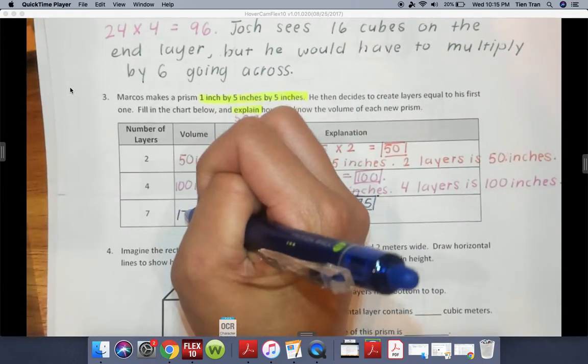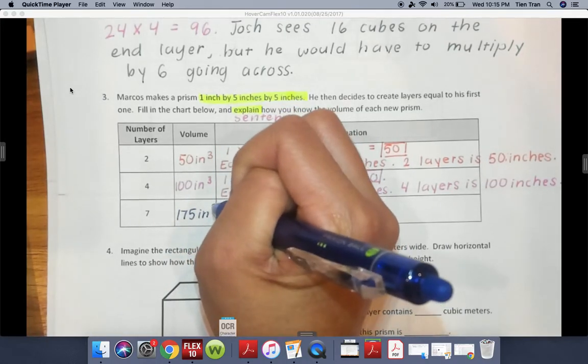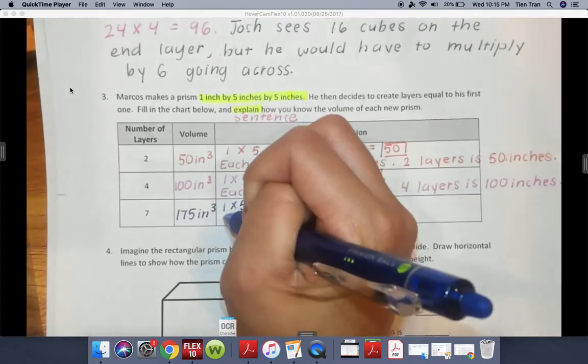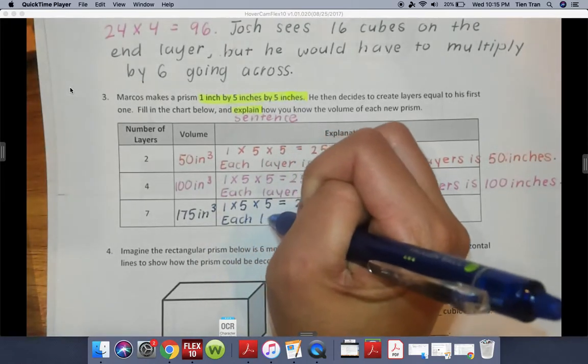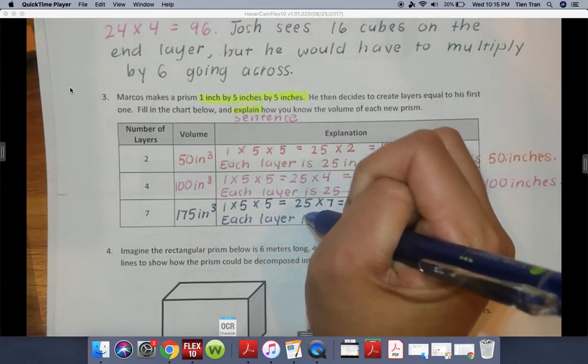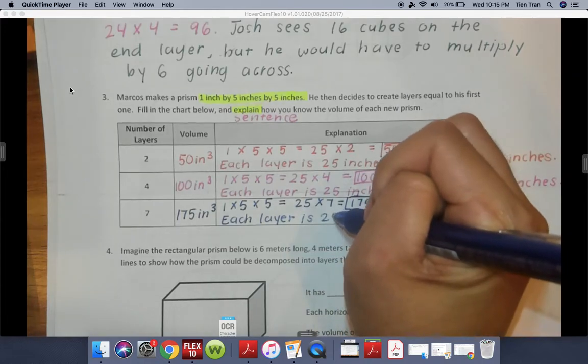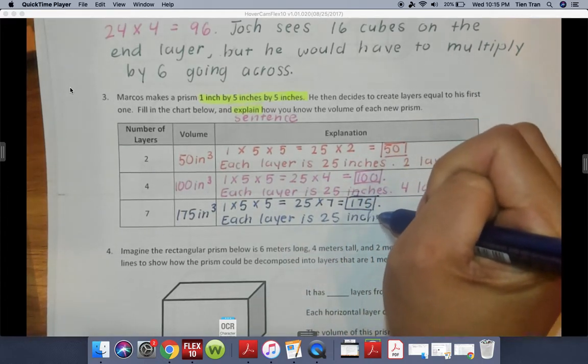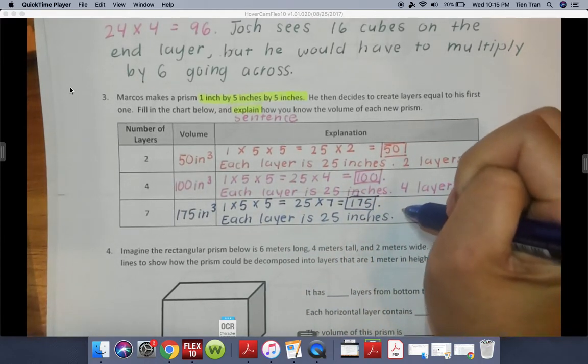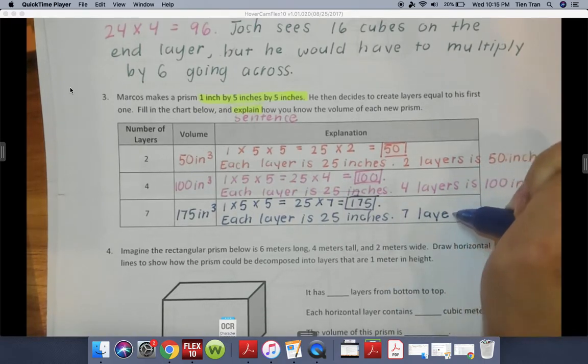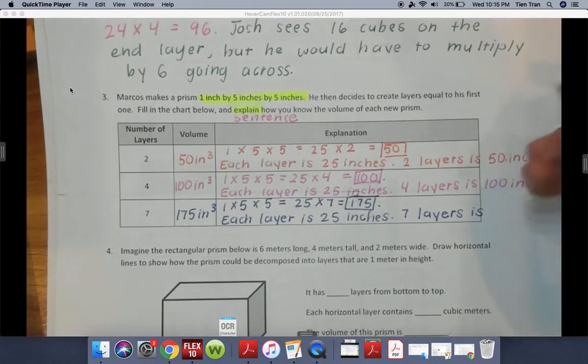So I have 175 inches cube. So each layer is 25 inches. 7 layers is 175 inches.